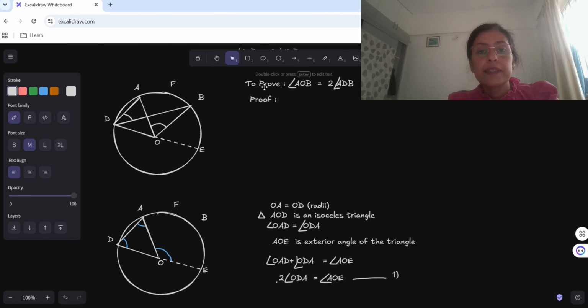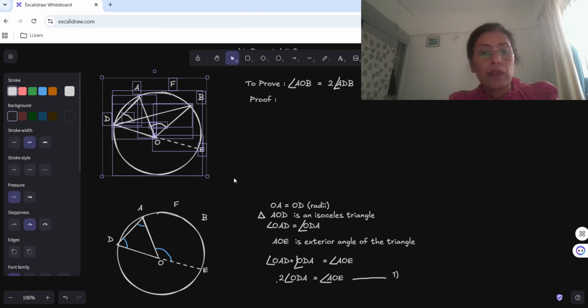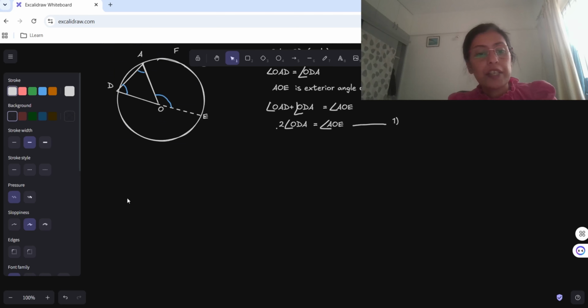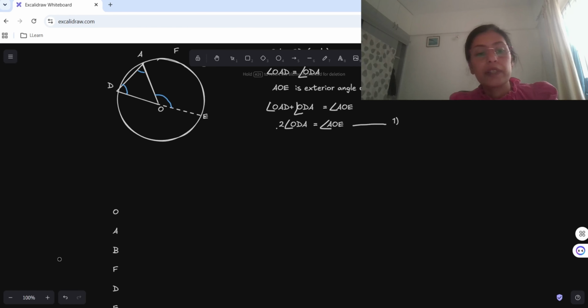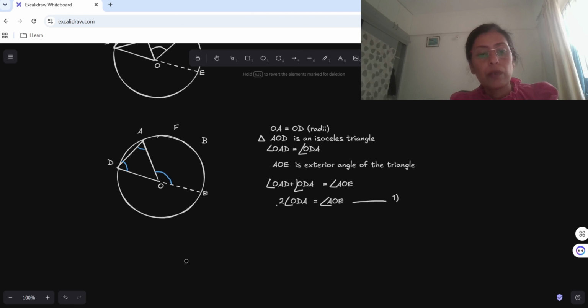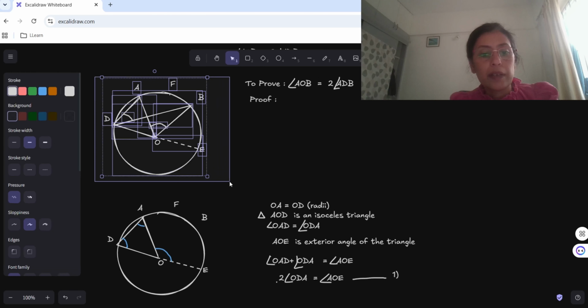Now I'll take this diagram again, copy it, and keep only the second circle. This is the diagram.